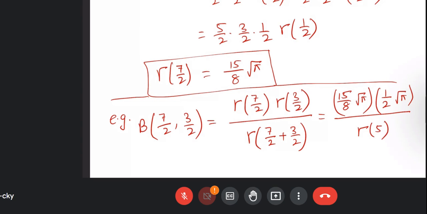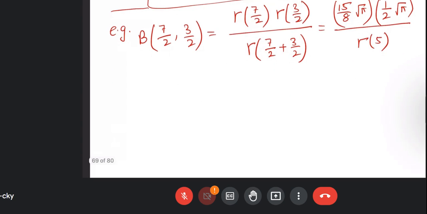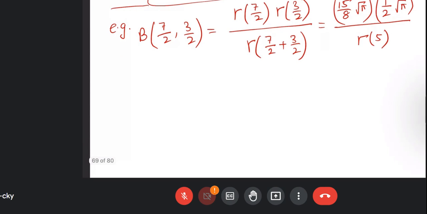Gamma of 5, and gamma of 5 will become factorial 4 using the repeated recursion formula. So that is 15 by 16 into pi divided by factorial 4.